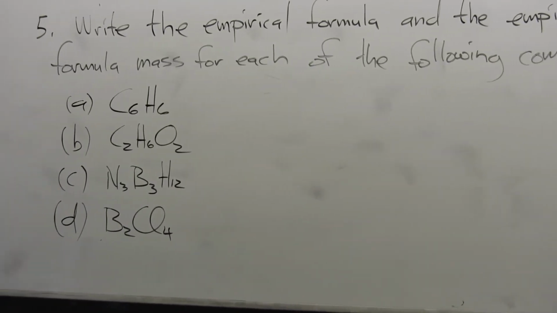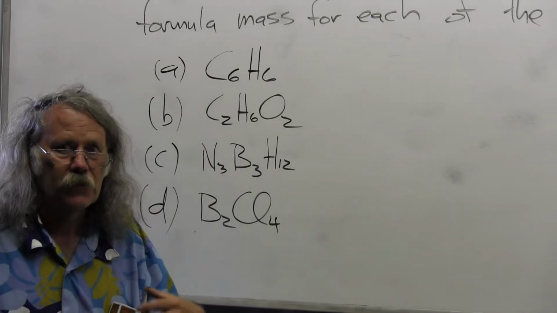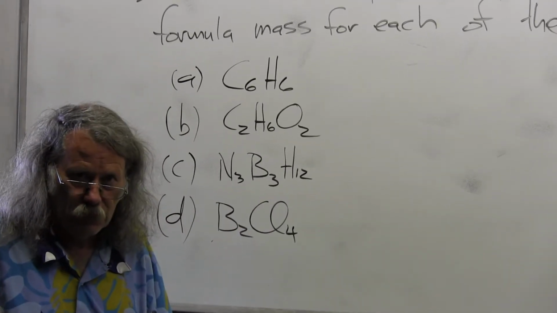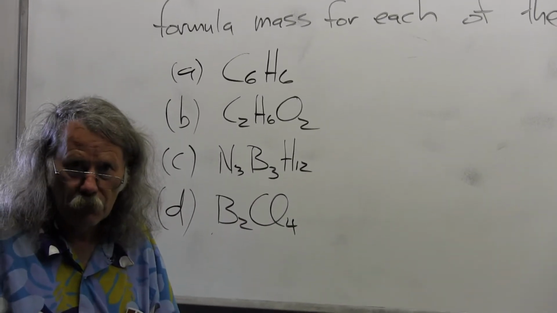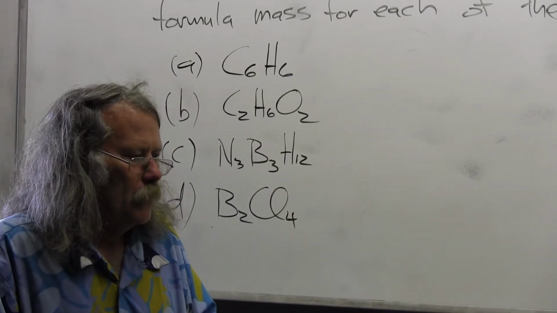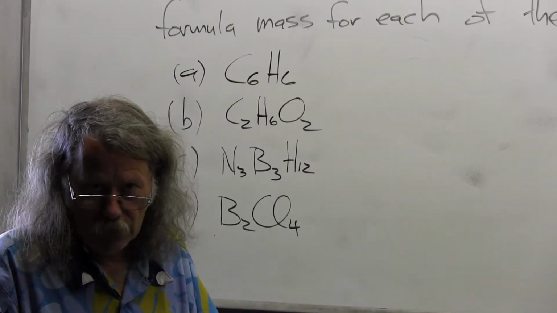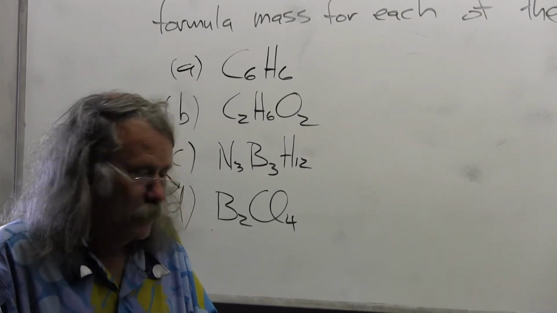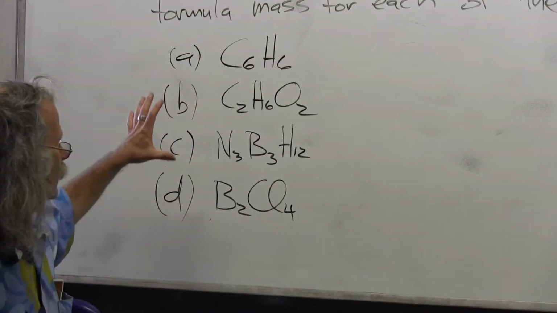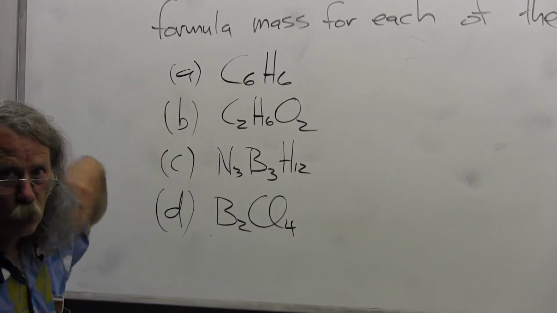And what is, in fact, the empirical formula? It's the simplest formula for a particular compound, the irreducible formula for a given compound. And the empirical formula mass is going to be the mass of that compound with that formula.